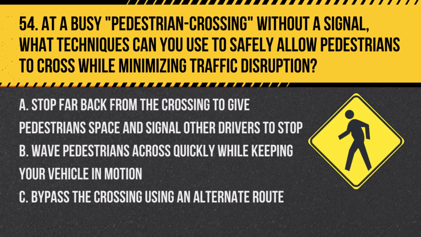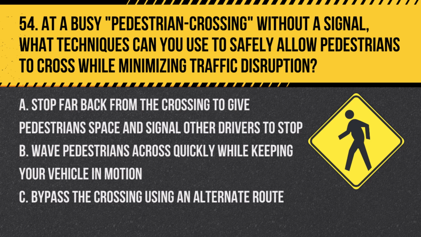Question 54. At a busy pedestrian crossing without a signal, what techniques can you use to safely allow pedestrians to cross while minimizing traffic disruption? A. Stop far back from the crossing to give pedestrians space and signal other drivers to stop. B. Wave pedestrians across quickly while keeping your vehicle in motion.